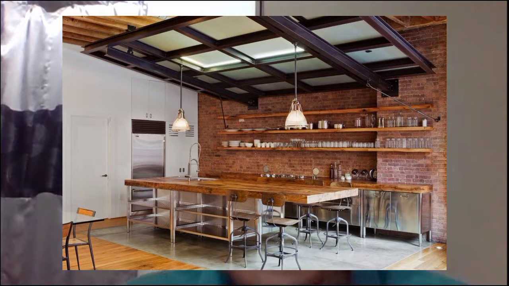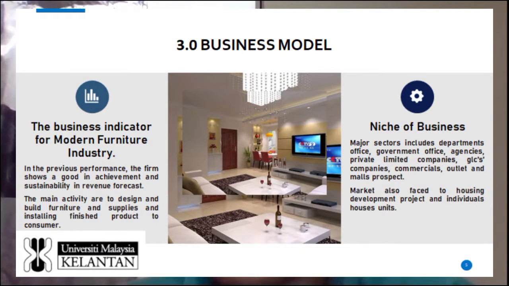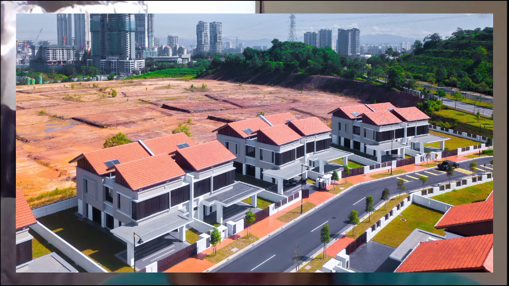We are preparing methods for major sectors, including departments, offices, government agencies, other companies, GLCs, commercial outlets, and malls as prospects. So we have also taken on the phase of housing development projects and individual house units.